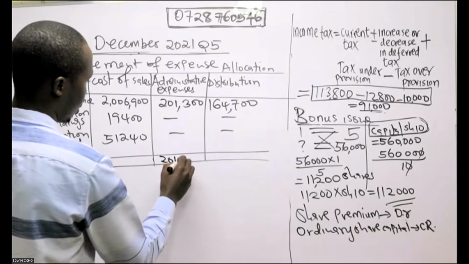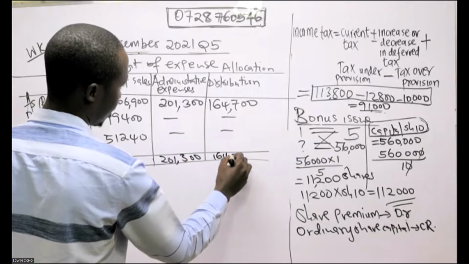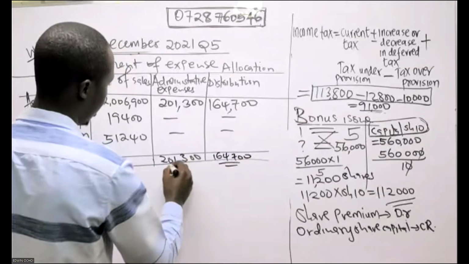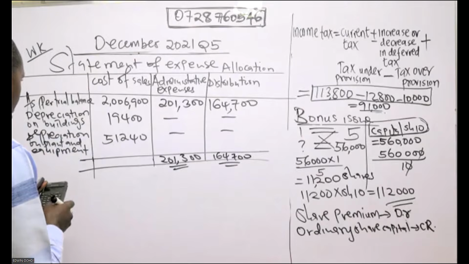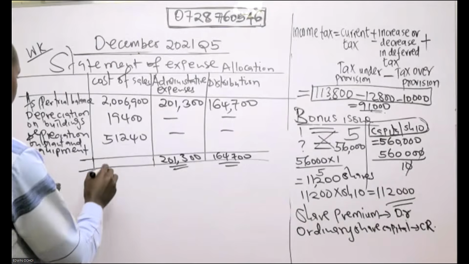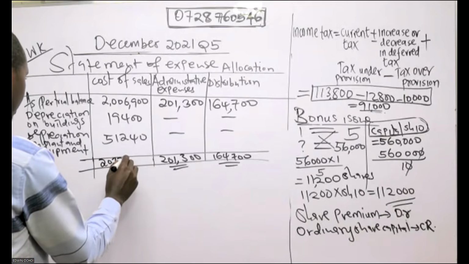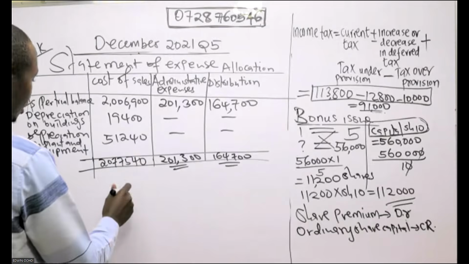You see 201,300, 164,700. 2,006,900 plus 19,400 plus 51,240 is 2,077,540.